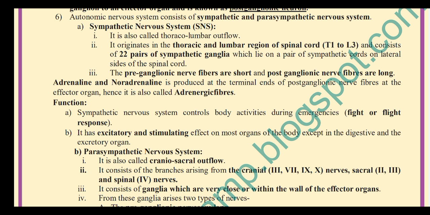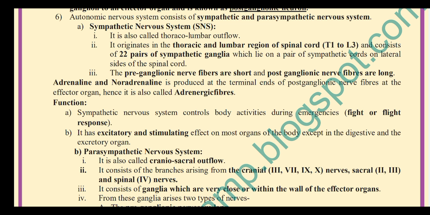So it originates in the thoracic and lumbar region of the spinal cord, that is T1 to L3, thoracic 1 to lumbar 3, and consists of 22 pairs of sympathetic ganglia, which lie on a pair of sympathetic cords on the lateral side of the spinal cord. The preganglionic nerve fibers are short and postganglionic nerve fibers are long.